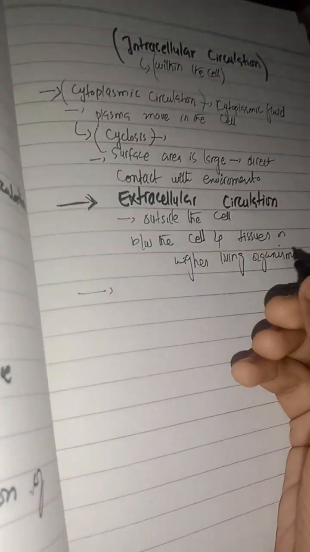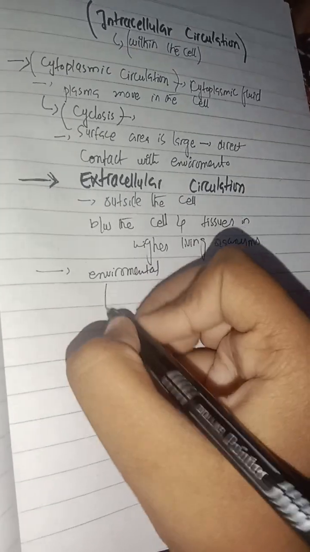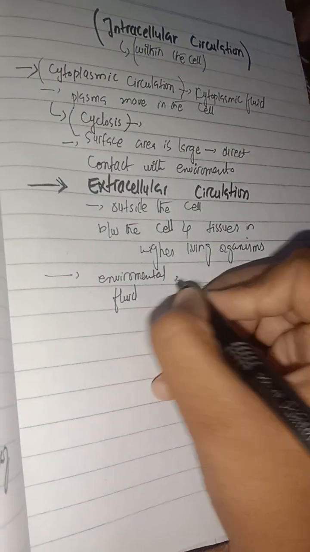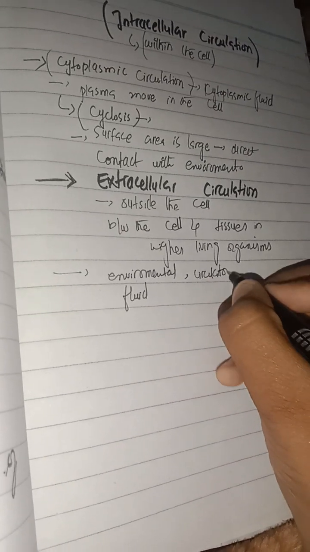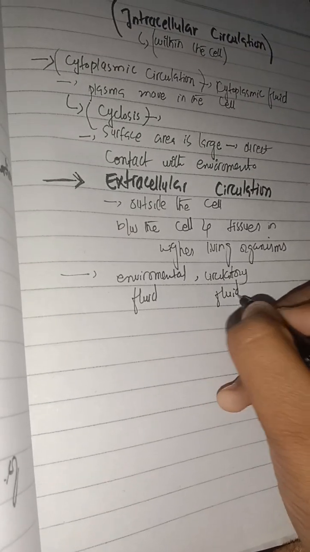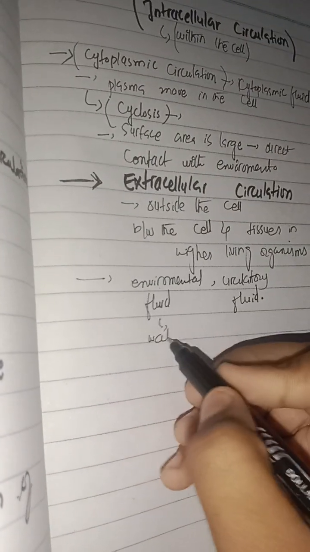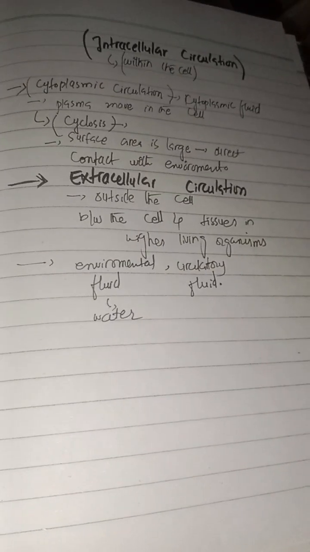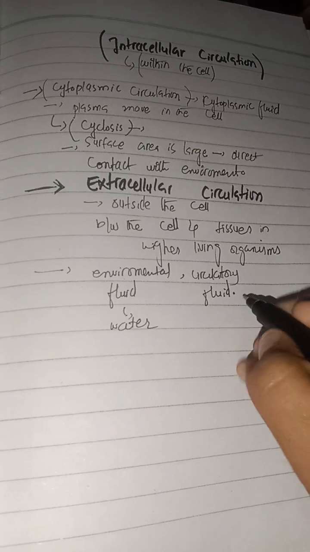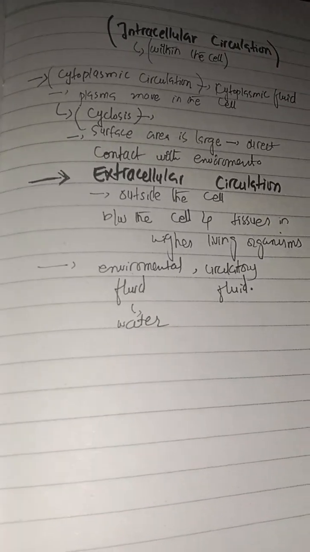There are two types of fluid: environmental fluid and circulatory fluid. Environmental fluid is water. The circulatory fluid is lymphatic fluid or interstitial fluid.